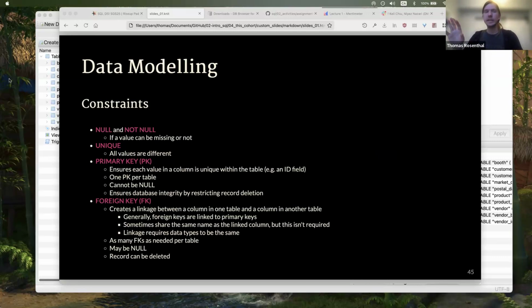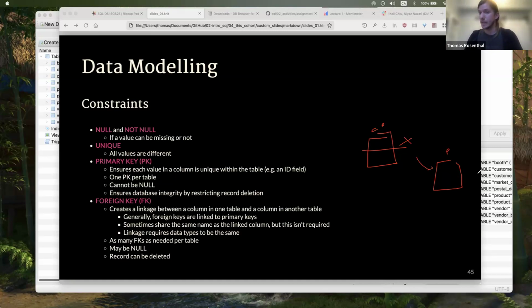You can have as many foreign keys as you need per table. Foreign keys can also be null, and the records can be deleted. So go back to my little diagram, which I've deleted, unfortunately. But if this was our customer purchases and this was our products, we can delete this record that said Thomas purchased corn, because that doesn't have any downstream effects on the product table.